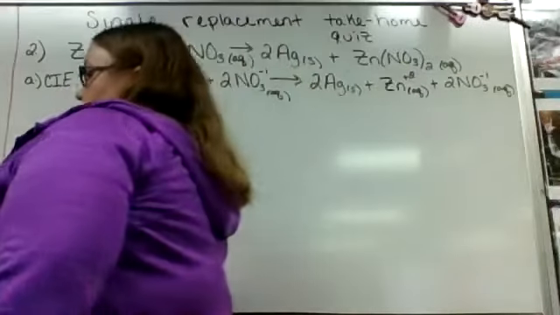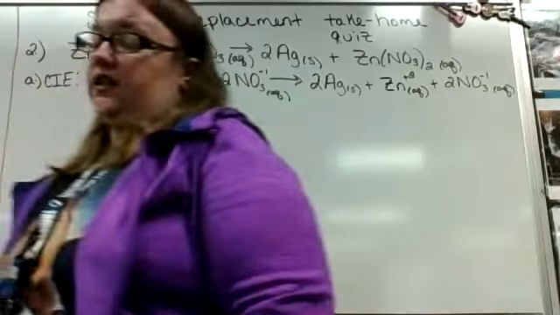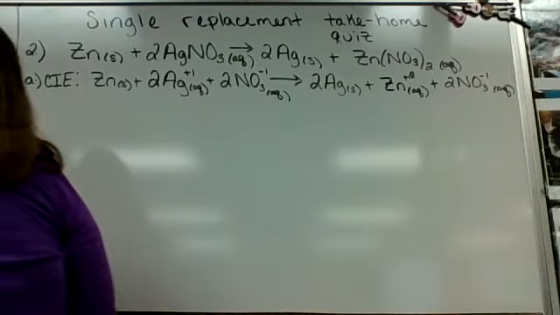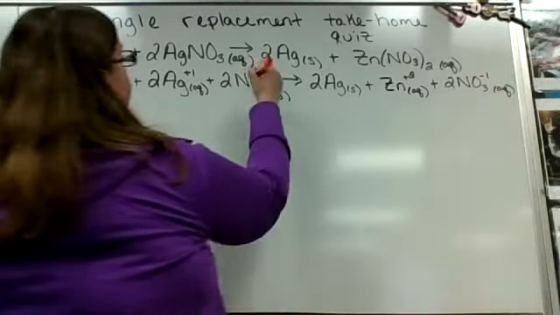Now, in single replacement reactions, you only have one pair of spectator ions. What is my spectator pair? Yeah, the 2 NO3 minus 1s.